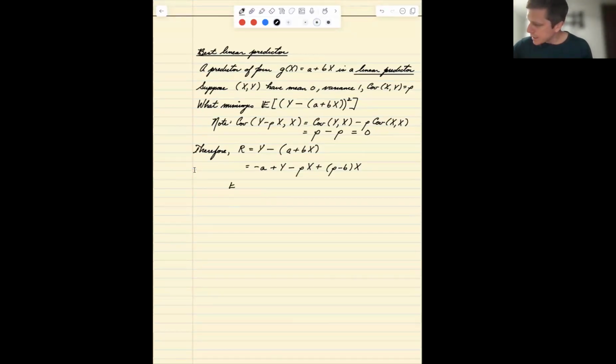If we do this, then the expected error is minus a.